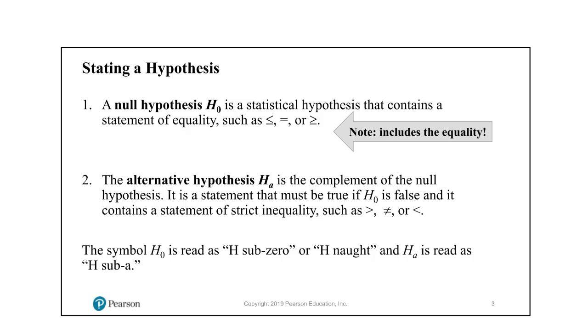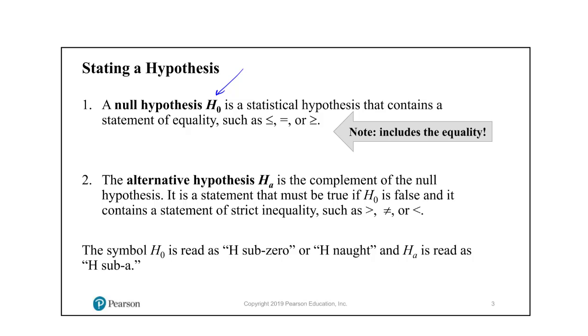So how do you state each hypothesis? A null hypothesis, and this symbol we'll use a lot, is H0, H sub-0, or H naught, because often the sub-zero is called naught in mathematics.